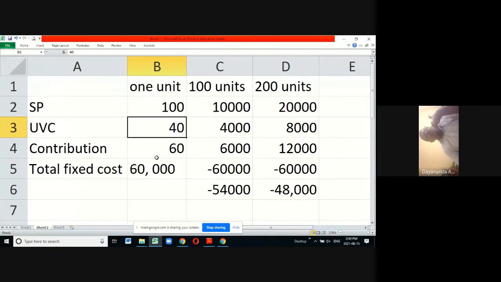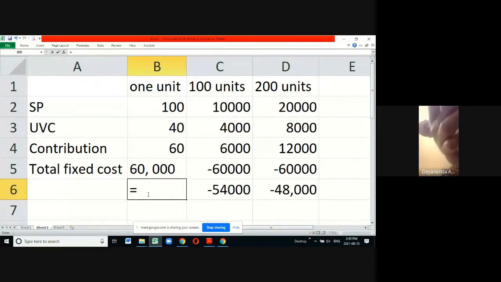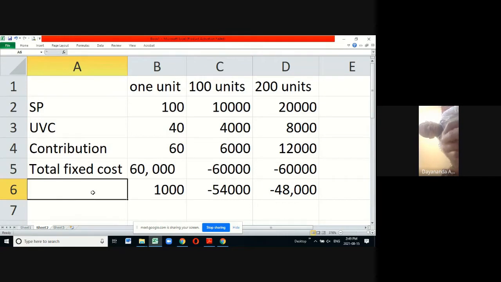According to our formula, break-even is the 60,000, which is the fixed cost per month, divided by 60 rupees. What is 60 rupees? The contribution per unit. So thereby, what happened? This is BEP. We call it BEP in units.